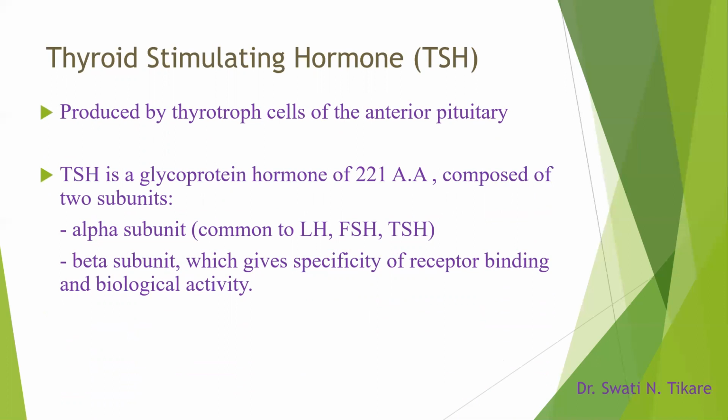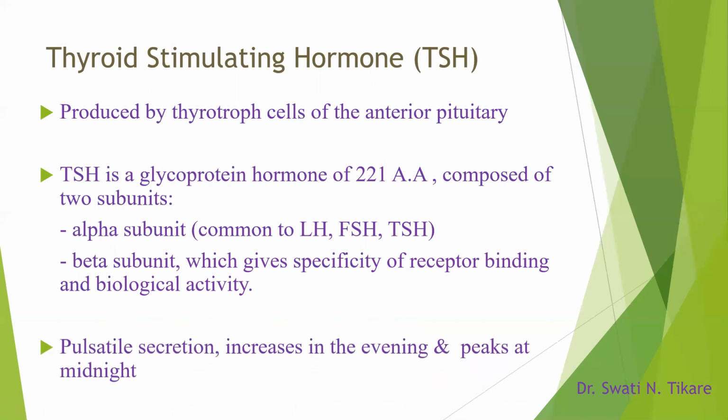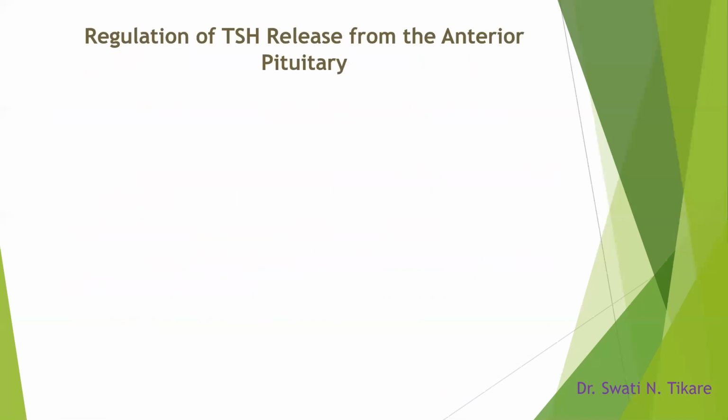That means the gonadotrophins and TSH are similar with this alpha subunit, whereas the beta subunit makes it specific for the receptor binding as well as for the biological activity. So the beta subunit is a little different. Pulsatile secretion increases in the evening and peaks during the midnight. So this is how TSH synthesis happens.